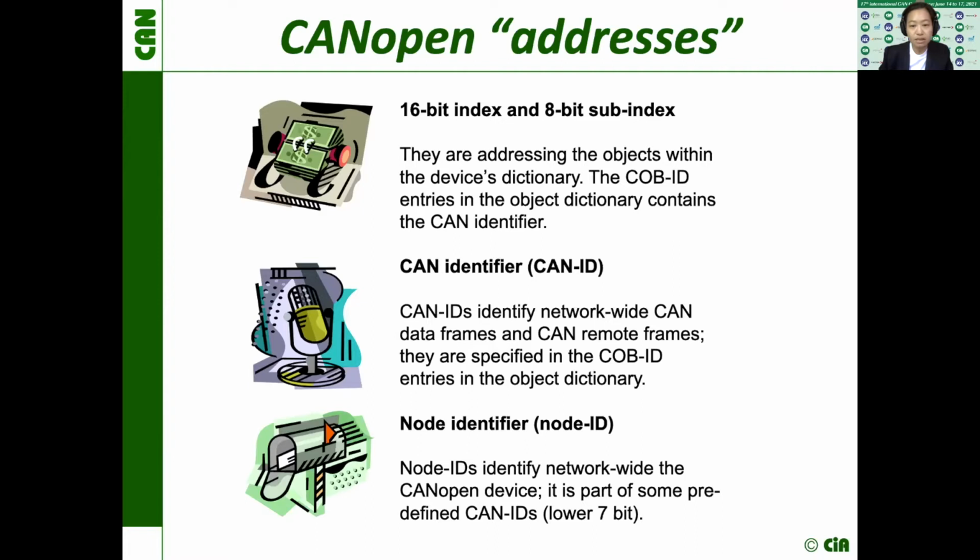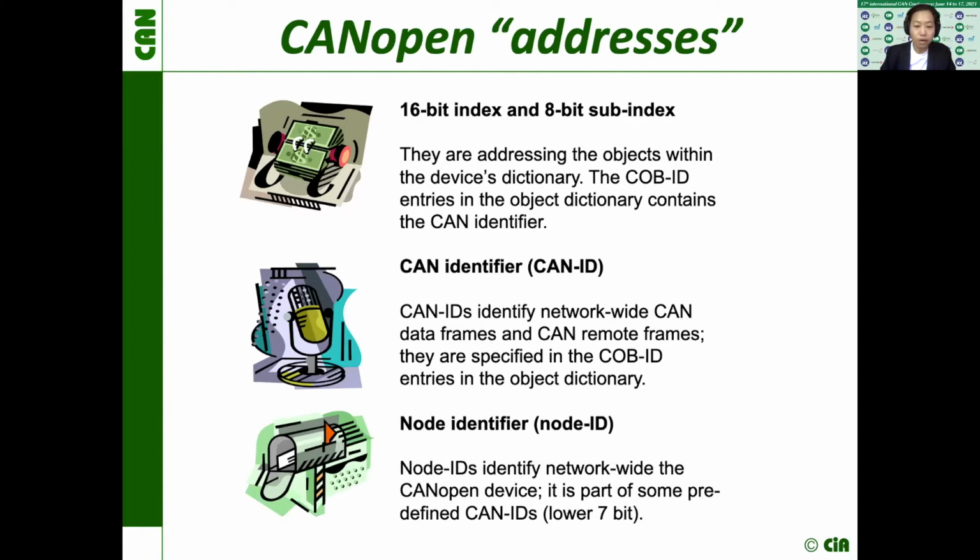The index and sub-index are the addressing for the objects in the device's object dictionary, and these contain specific parameters. For example, CiA 301 defines some object addresses for COB-IDs for diverse services, which contain the CAN identifier, namely the CAN ID. CAN IDs identify network-wide CAN data frames and CAN remote frames.